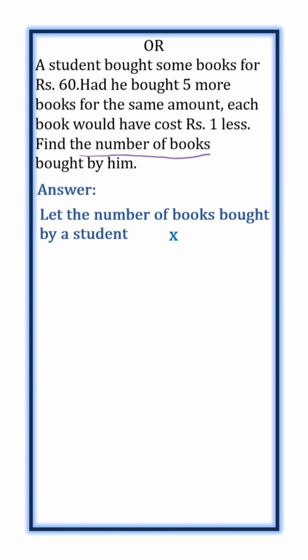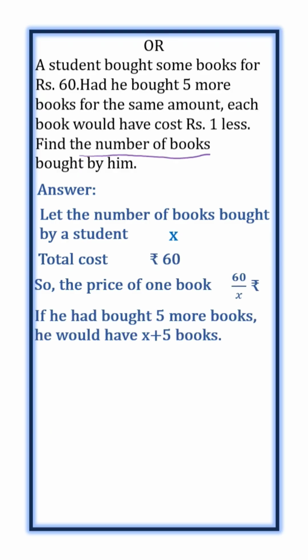Total cost of the books is 60 rupees, isn't it? It has been given. So the price of one book is 60 by x rupees. If he had bought 5 more books, he would have x plus 5 books. New price per book would then be what? 60 by (x plus 5) rupees.